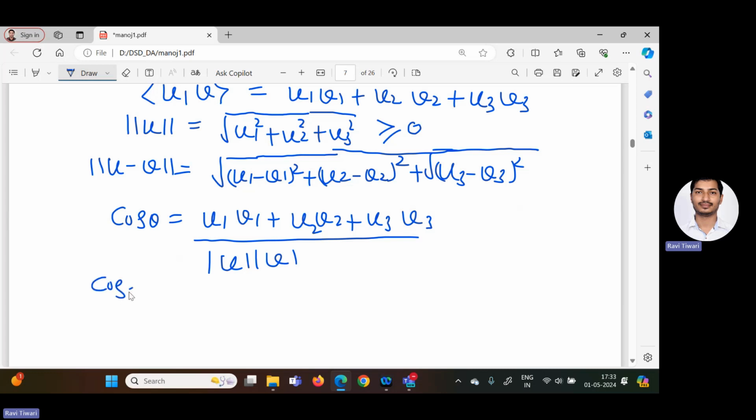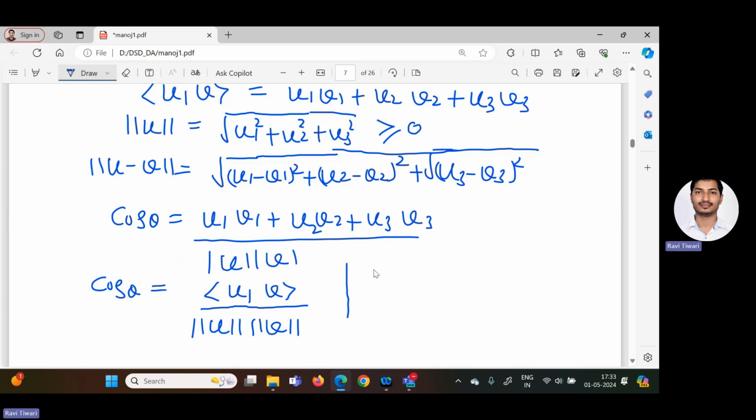So cos theta equals U1 V1 plus U2 V2 plus U3 V3, which is nothing but the standard inner product of U comma V, divided by norm U and norm V, because mod U is represented in inner product space as norm U. So this is the way to calculate the inner product of U and V, and the angle also we can calculate.